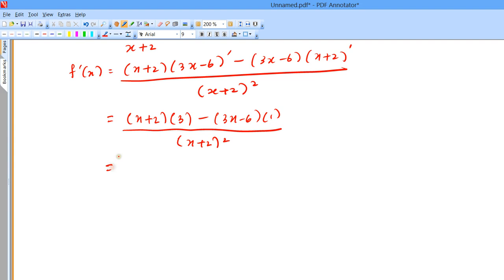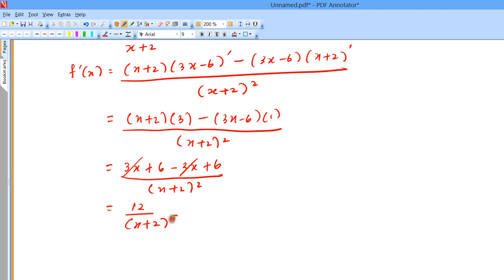And then we expand the numerator, we get 3x plus 6 minus 3x plus 6 over (x plus 2) squared. And then you can cancel out 3x, we get 12 over (x plus 2) squared.